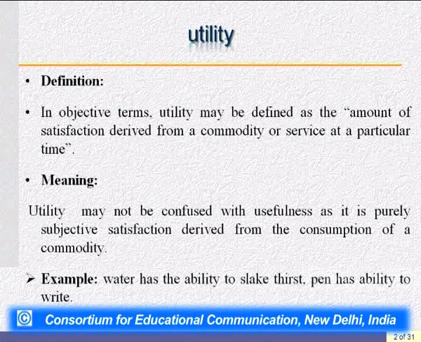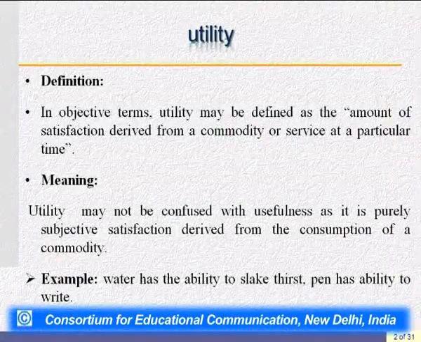Whatever commodity or service you consume at a particular time, whichever satisfaction or utility you receive at that time is called utility, or satisfaction in other words. But how is the amount of satisfaction or utility measured? With the help of some concepts, is it possible to measure utility?